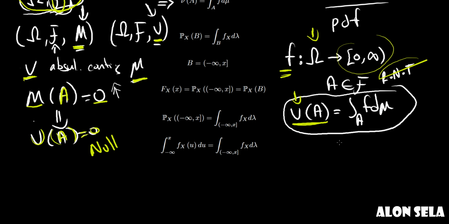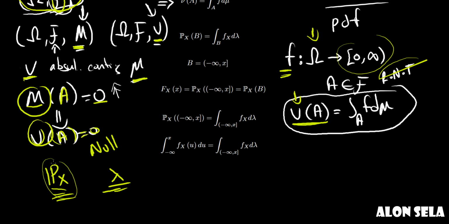The case which will be most of interest to us will be the case when we are talking about probability given by the random variable x and by the Lebesgue measure. So we are saying let's apply these two things, but this time not with the mu measure and the nu measure, but with the probability law given by x and by the Lebesgue measure lambda.